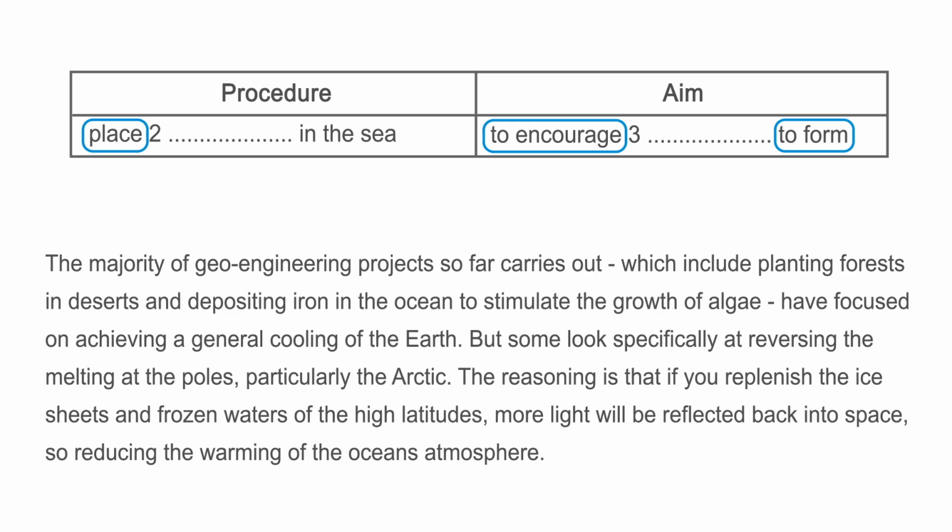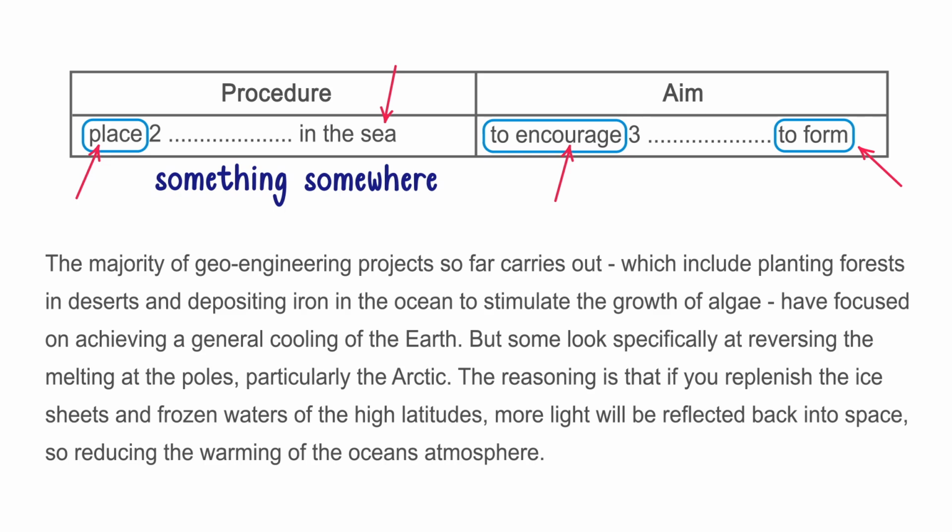So placing something in the sea, which encourages, to encourage blank to form. So we have 4 words here: place, sea, encourage, and to form. Now, in reading the text, try to find something related to encouraging, sea, forming, and to place something somewhere.